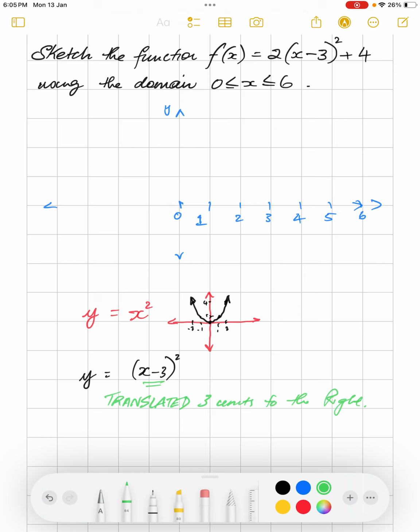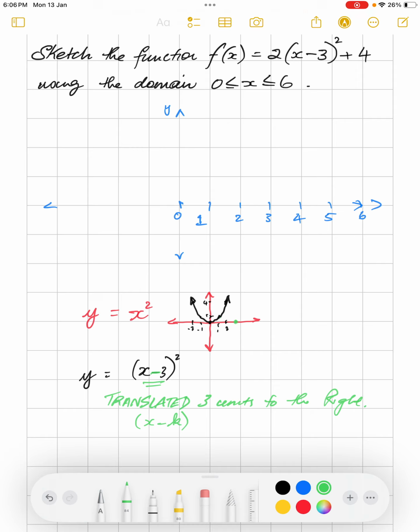Notice it's minus, and if it's a translation to the right, we've got an x minus some constant value, which is how many units it slid to the right. If it slid to the left, it would be x plus 3. So we take our function and we slide it 3 units to the right.